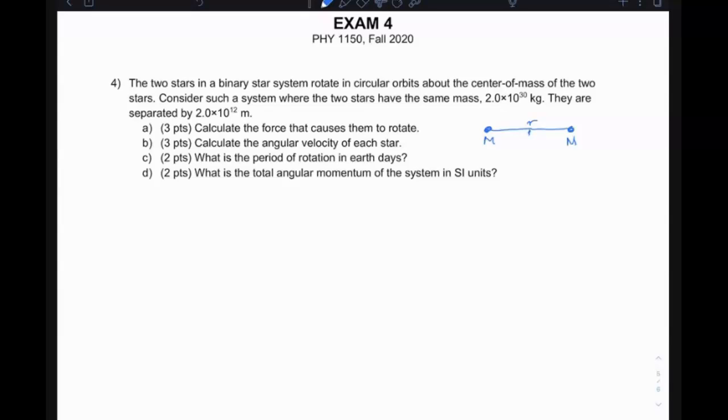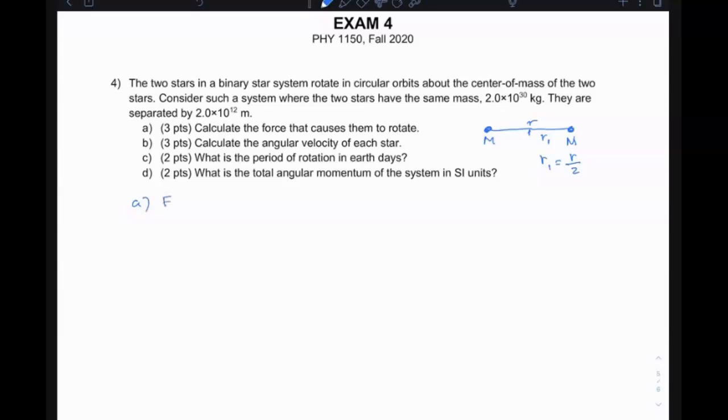They each rotate about a distance r1, where r1 is equal to the distance that each is from the center of mass. So it's equal to r over 2. The force that causes them to rotate is the source of centripetal force, which is a gravitational force each exerts on the other.